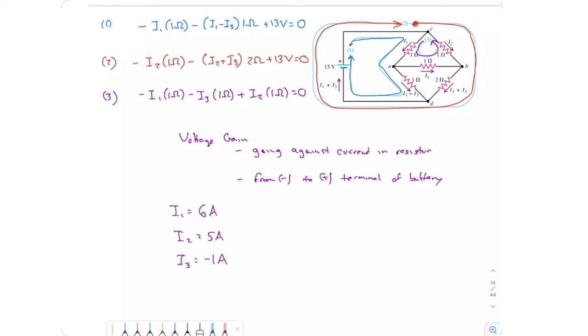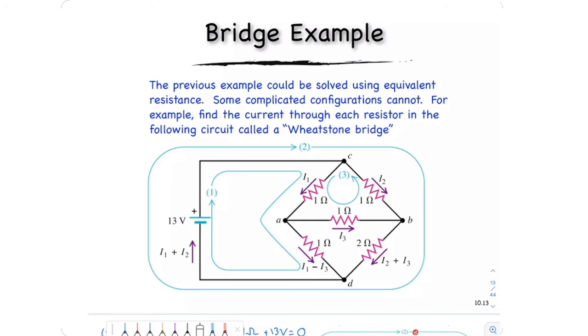And that makes sense because, let me clean that up. Let me go back to the bigger picture of the circuit. It makes sense that it goes right to left because this resistor is bigger than that one. So it's harder for current to flow this way than it is for it to flow that way.